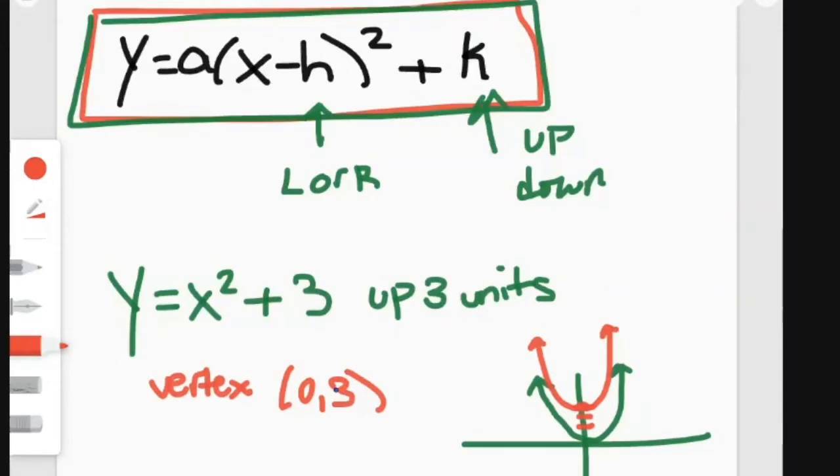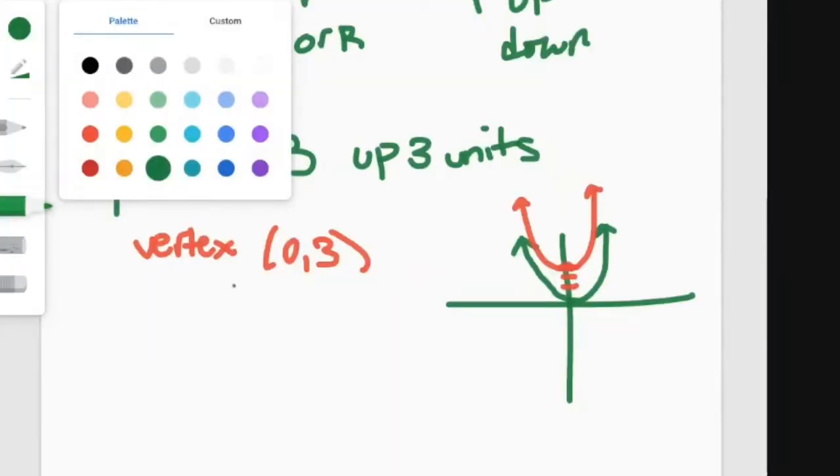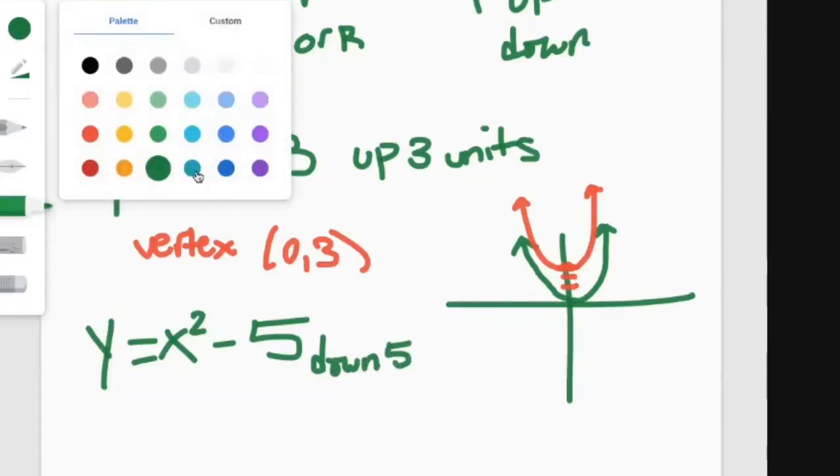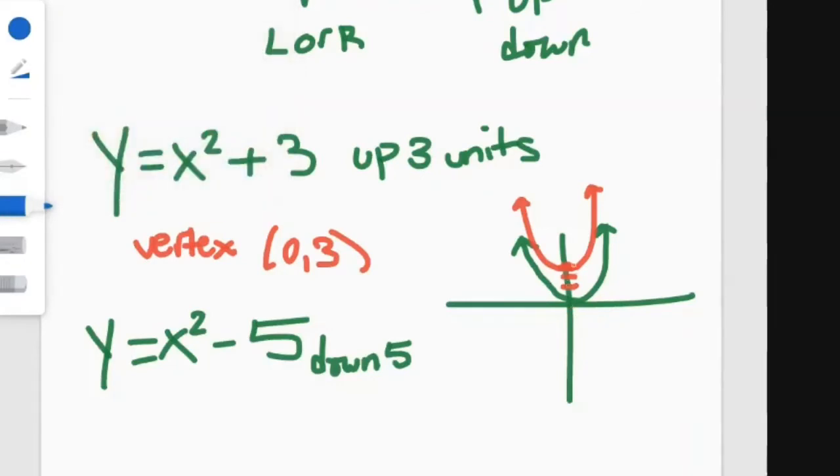So our vertex is 0, 3. You notice that here our y has changed because we're just going up or down. If we have y equals x squared minus 5, no parentheses, so we're still focusing on the outside. This is a negative, so we are moving down 5 units. If I wanted to graph that, instead of going up 3, I would go down 5.